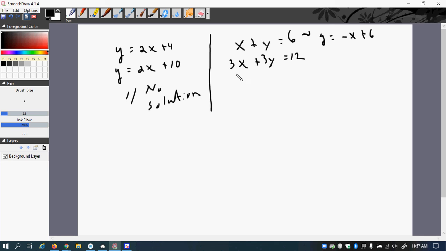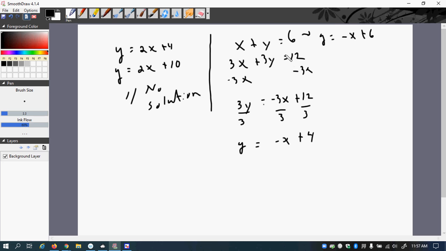For this one, I would move the 3x, so it would be negative 3x. So that's 3y equal to negative 3x plus 12. Divide everything by 3, and I get y equal to negative x plus 4. So dang it, this is going to give me two parallel lines.